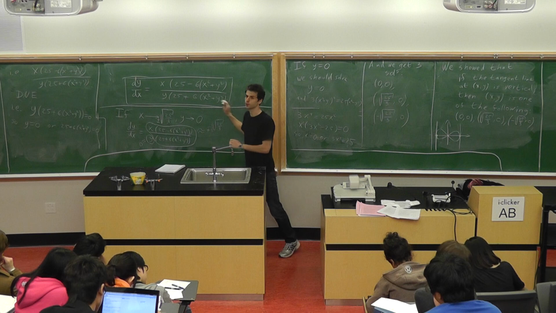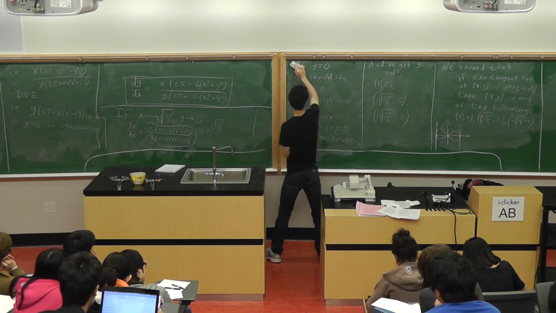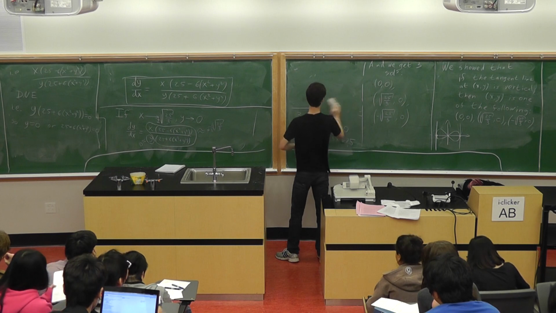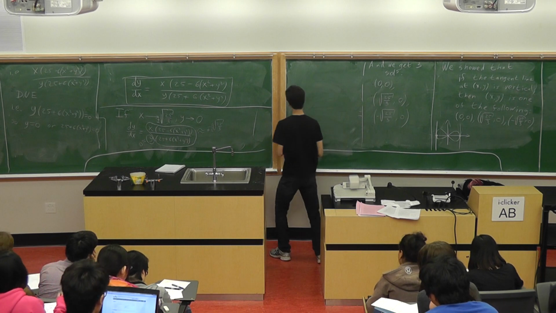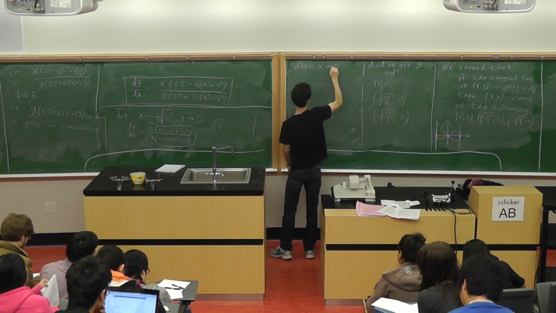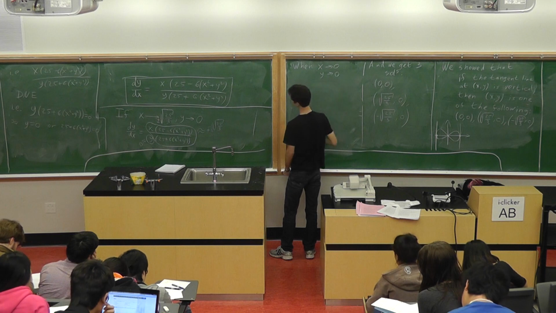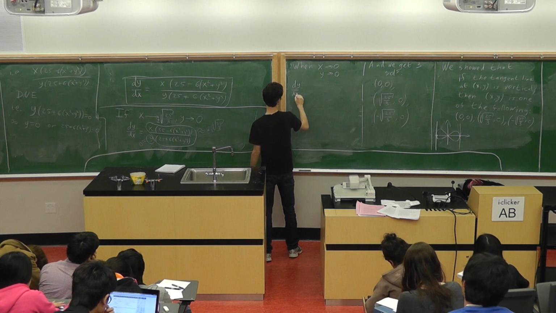But let's look at the other point, (0, 0). What happens there? So when x approaches 0 and y approaches 0, what happens to this dy by dx?